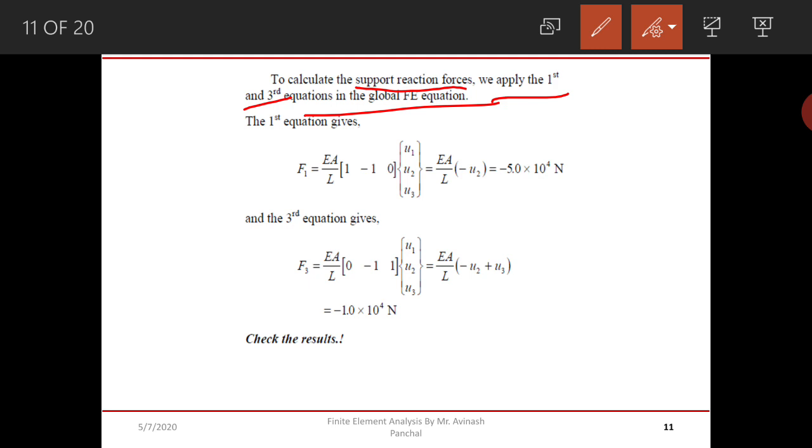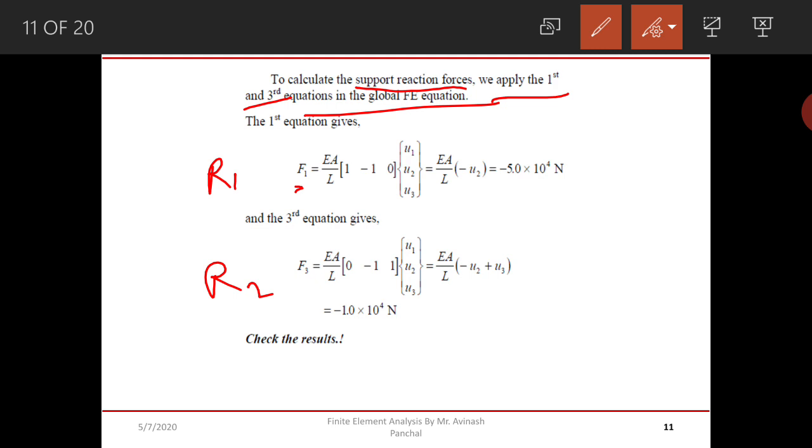The first one we will give for the force. So we can take the first support reaction, F1, as R1 and this as R2. We have this formula for this.